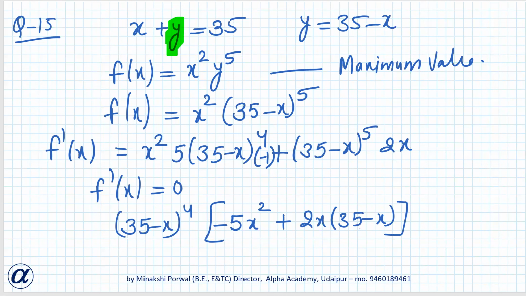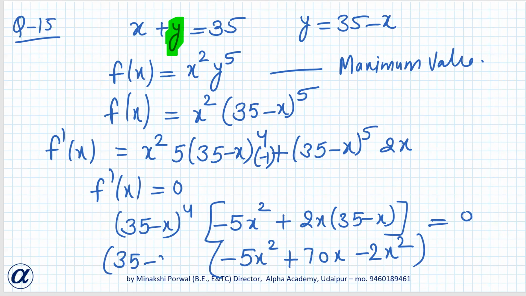So when we put it equal to 0, we get (minus 5x square plus 70x minus 2x square) times (35 minus x) to the power 4 equals 0. Now it will be 70x minus 7x square equals 0.